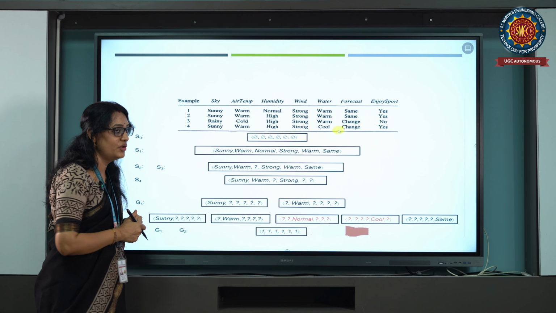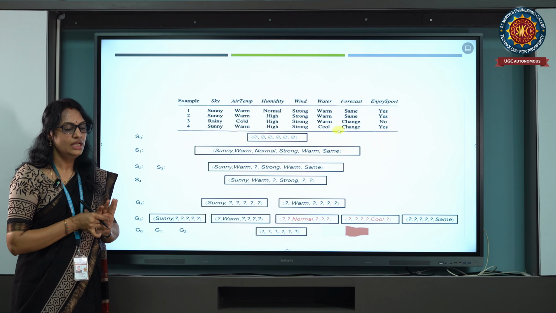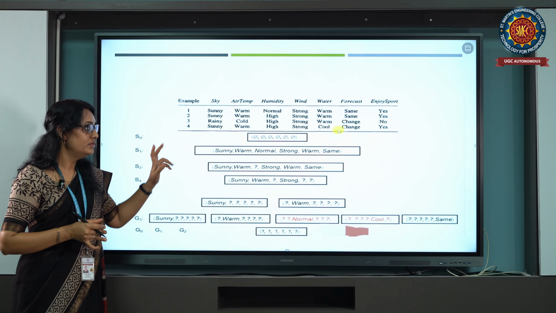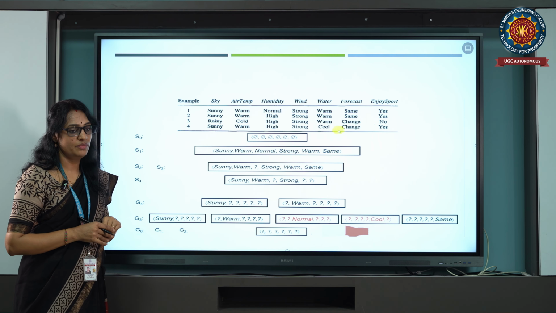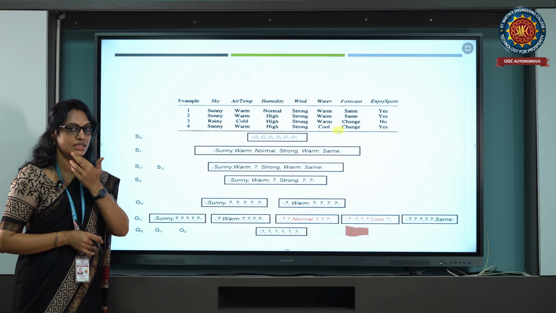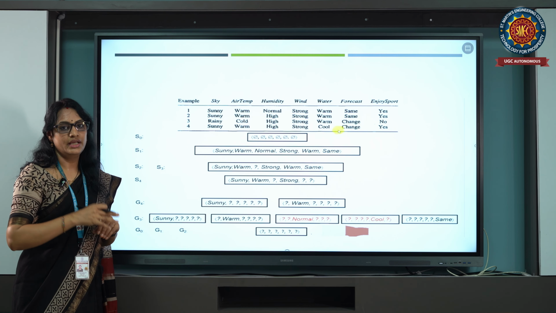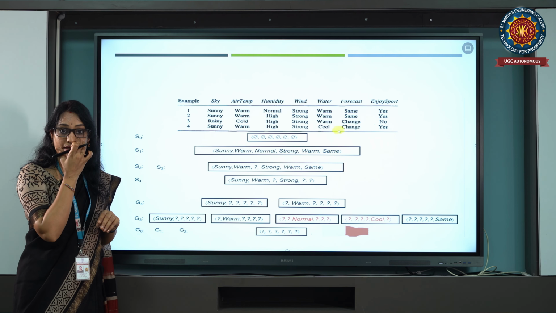First, when we see the candidate elimination algorithm, let us see what that algorithm is. The good thing about the candidate elimination algorithm is that we are going to use the most specific hypothesis and the most general hypothesis here. When coming to the Find-S algorithm, I have taken only the positive; the negative is ignored in the Find-S algorithm.